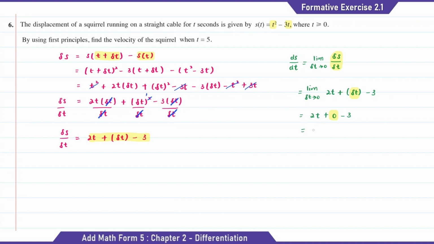Then ds/dt is equal to 2t minus 3. So when t is equal to 5, to find its velocity, we're going to substitute the t here with 5, as ds/dt is the velocity. This is equal to 2 times 5 minus 3, which is 10 minus 3, and the answer is equal to 7.